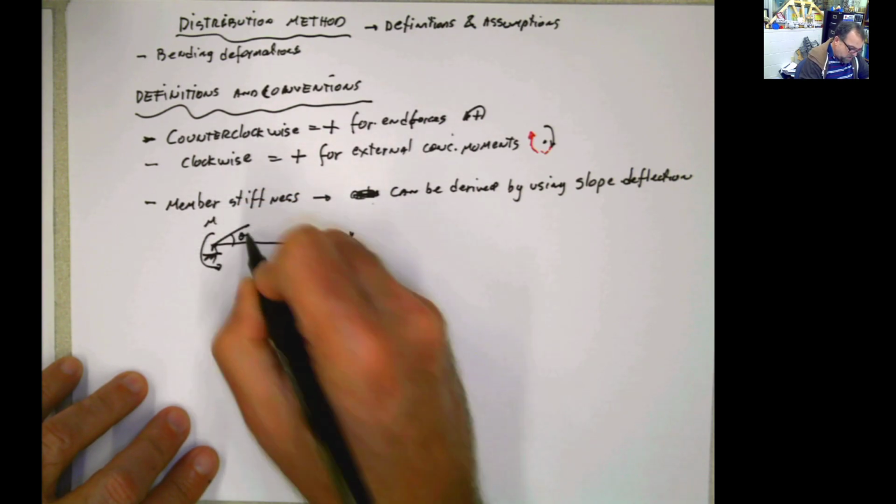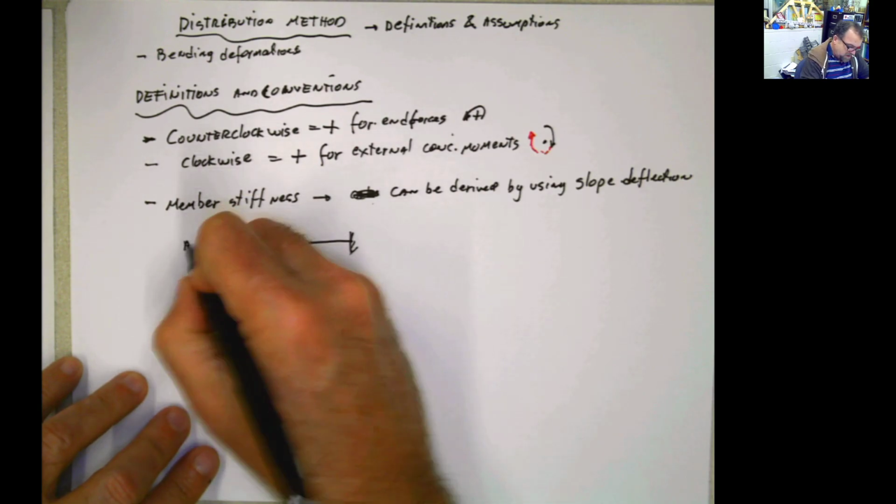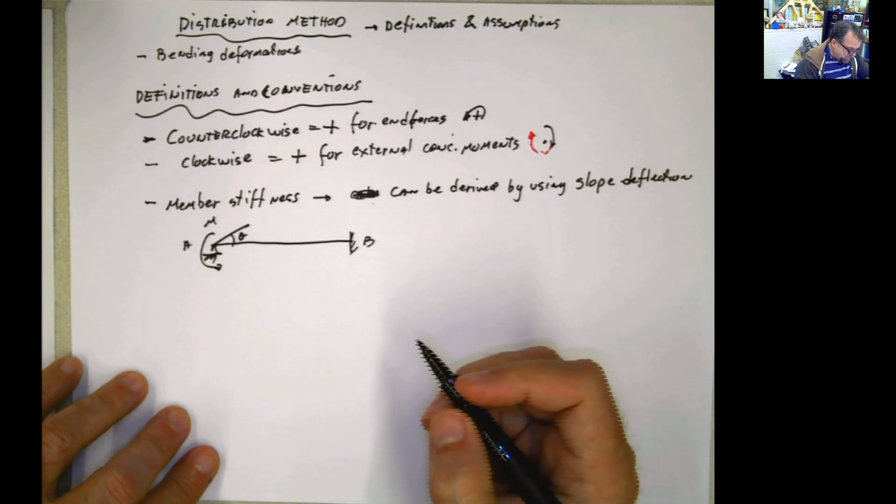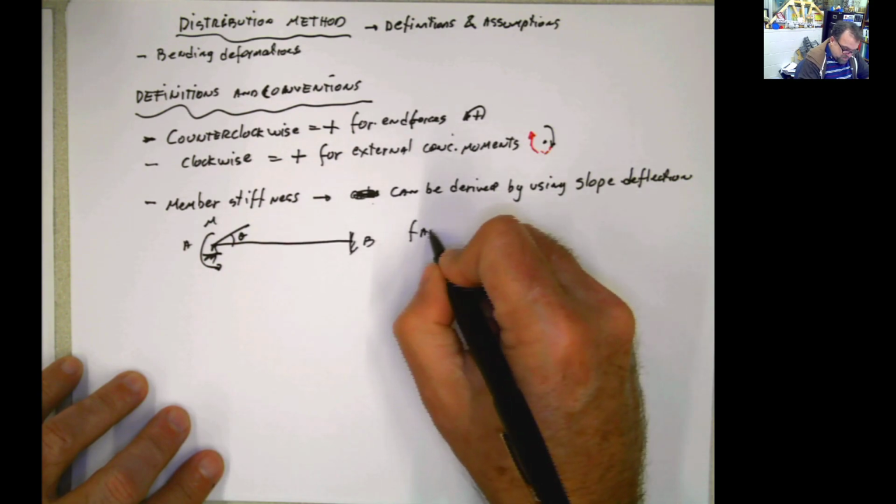But anyway, so this is what we have, and we discussed that if we apply a moment here, it's going to produce a rotation here. If you call this A and this is B, the rotation at B is 0. The far end is fixed.